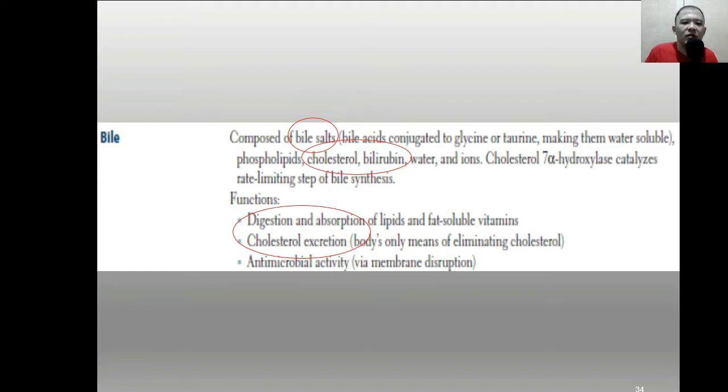You have obstruction of bile, you may have an increased cholesterol because fats are not metabolized if there is an absence of or lesser production of bile secondary to obstruction.